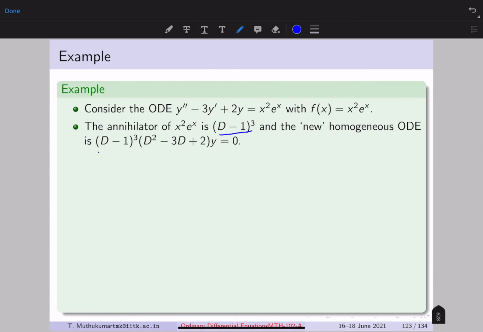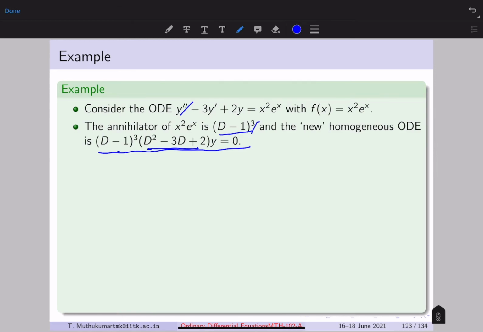So you have the new homogeneous equation. So what are the roots here? This is already quadratic here, and there's a cubic here, so it's actually a fifth order equation, which is natural because you have a differential annihilator which is of third order, and then you have a second order, so that is going to give you a fifth order ODE.